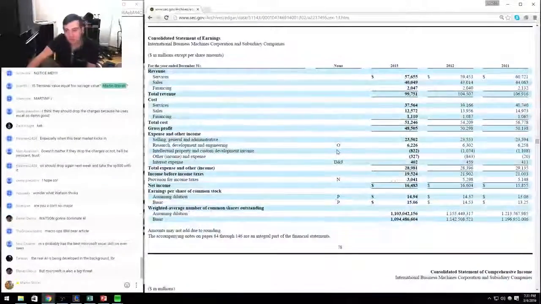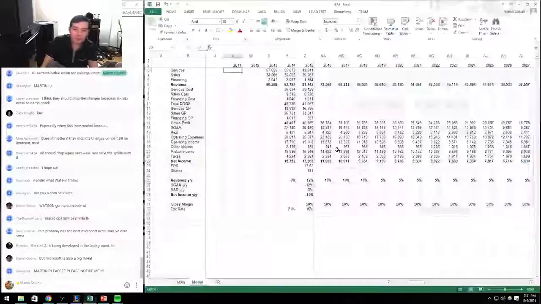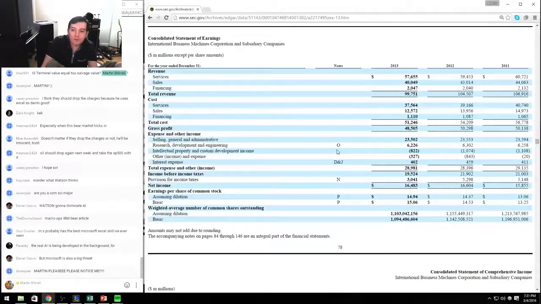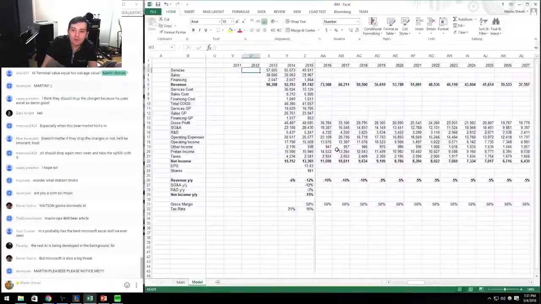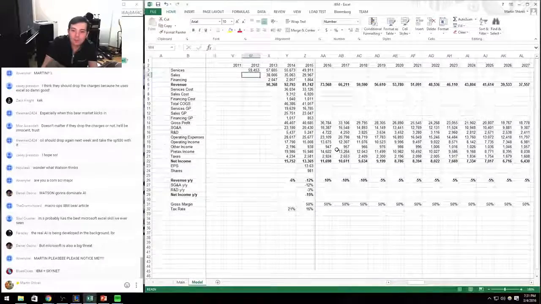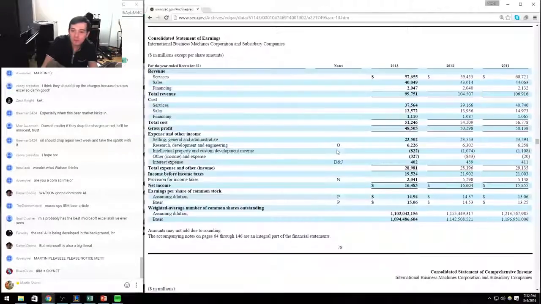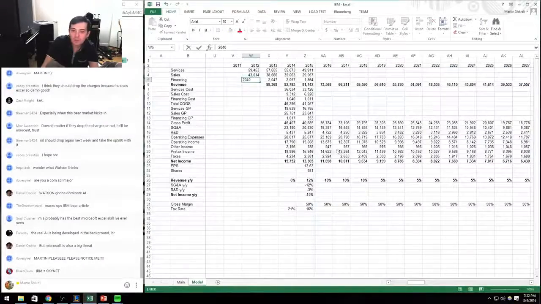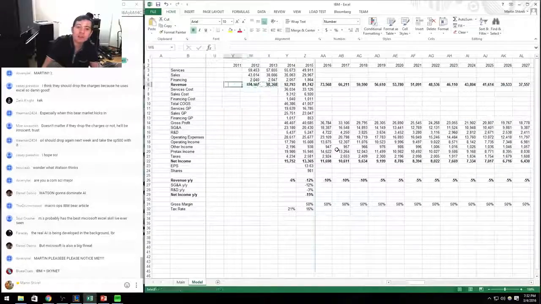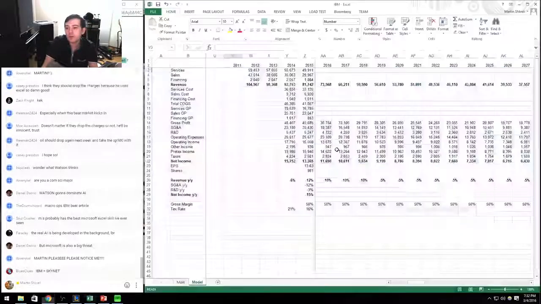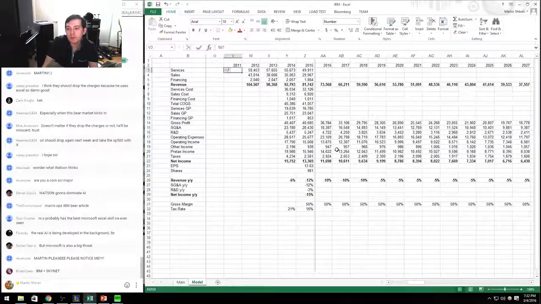They discontinued some operations. That's why these numbers don't look the same necessarily. They've been selling businesses, which is another reason why the revenue might be going down.